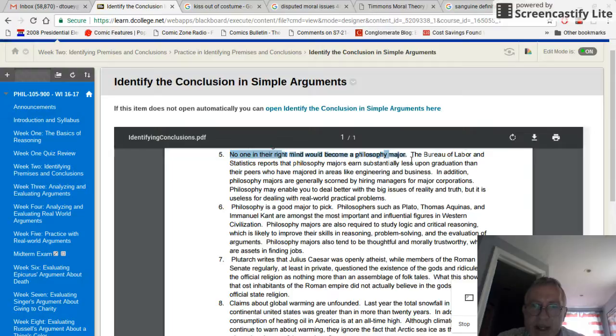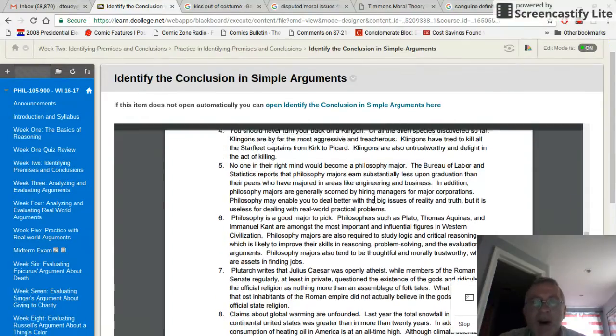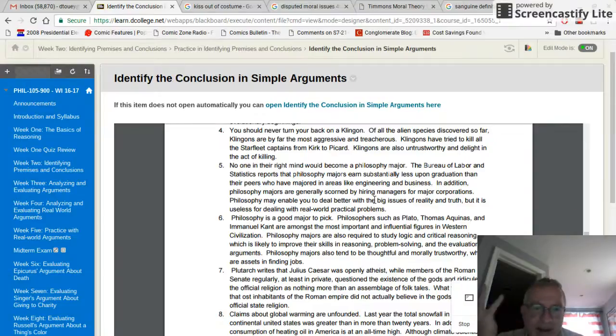text. And it seems to me to be this: all of the things that come after really give us reason to believe that no one who is thinking rightly, no one in their right mind, would become a philosophy major because of all of these reasons. It's a bad argument. By the way, I made it up, and I don't think it's a good argument at all.